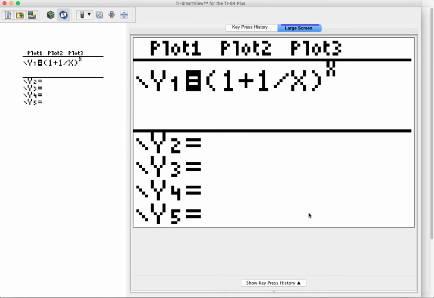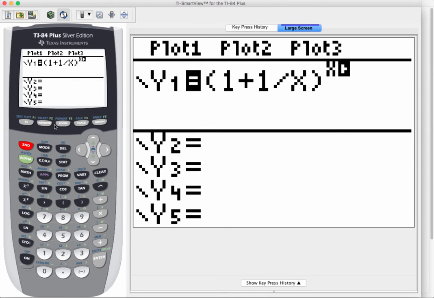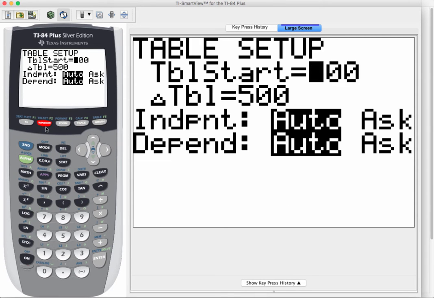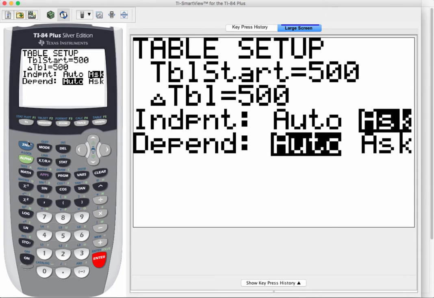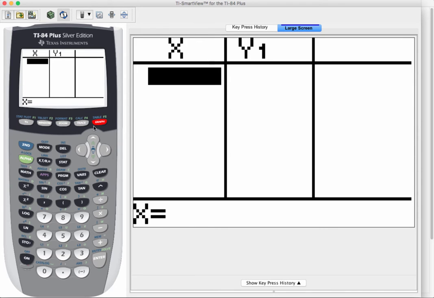Using the table set, which is second function above window, we set our independent variable to ask. I can now tell it what numbers I want to put in, so when I go into my table, it's blank and allows me to input values.